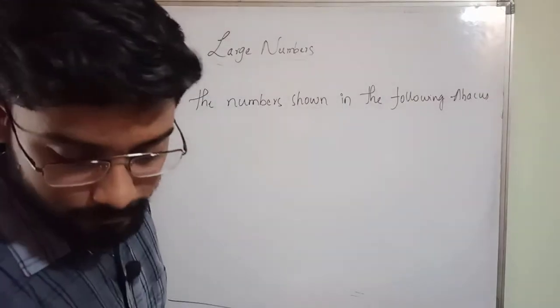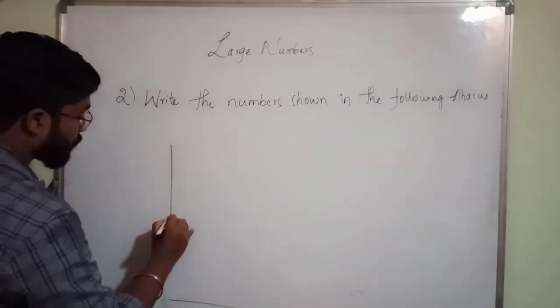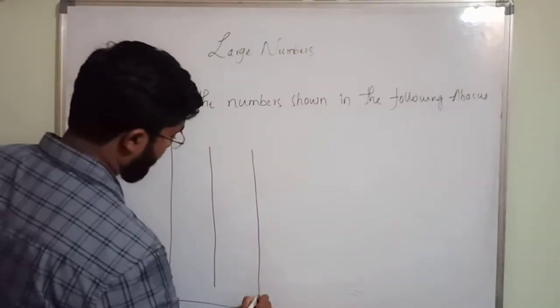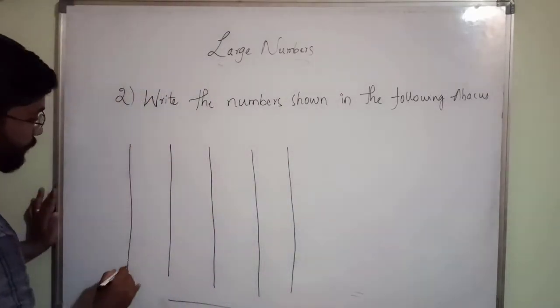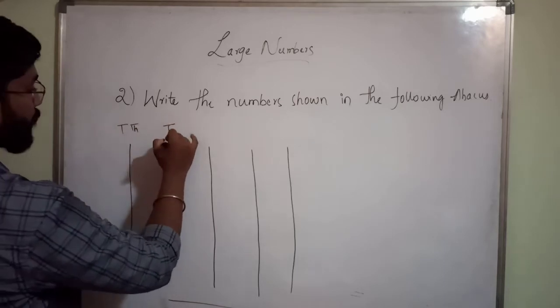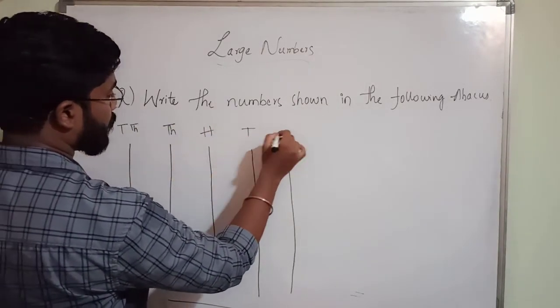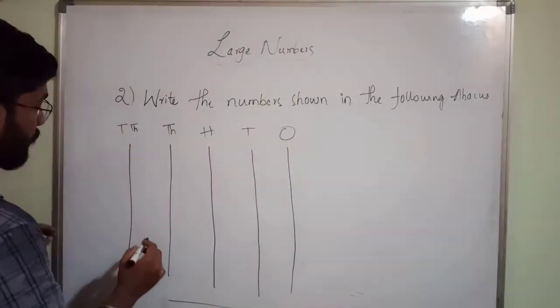Next one is, see this. Ten thousand, thousand, hundred, 10, 1. So in 10,000's place, how many balls are there?